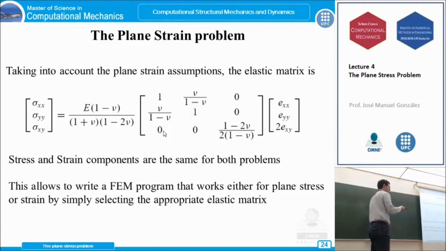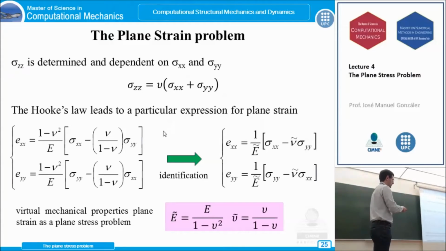In fact, when you implement a finite element program, you implement the plane stress, and you don't implement the plane strain again, because you simply have to change this elastic matrix. If you change the elastic matrix, you can treat the problem with the same implementation, taking into account that this z stress is determined by and dependent on sigma x and sigma y, as I said, and Hooke's law leads to these expressions between the strains and stresses.